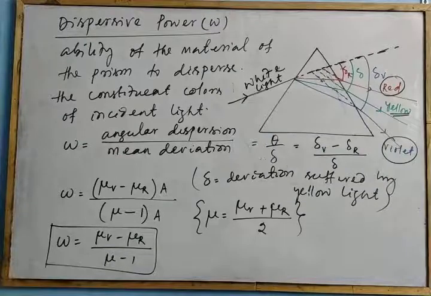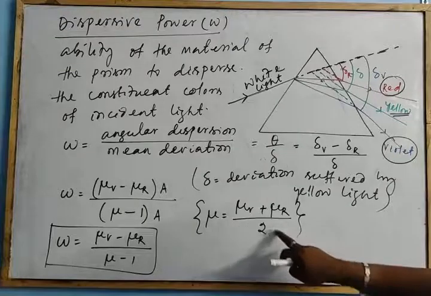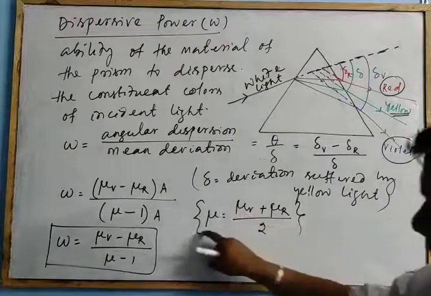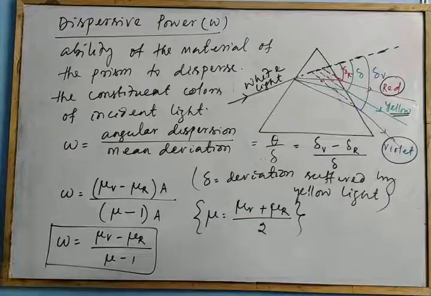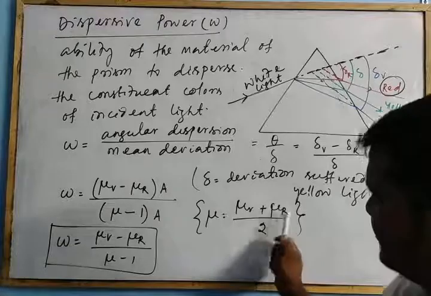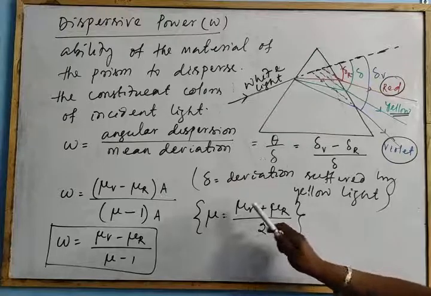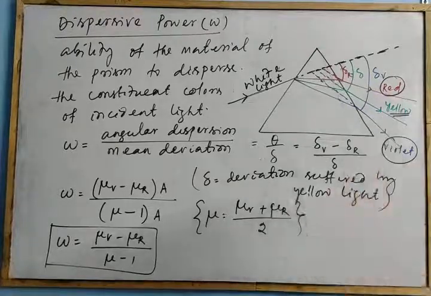Here we have considered mu as mu V plus mu R by 2, which means the refractive index of any material for yellow light is equal to the mean of the refractive indices for the two extremes, violet and red light.